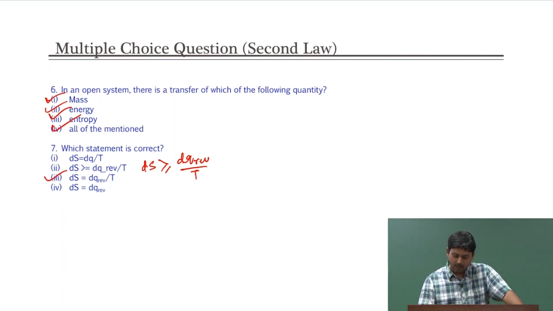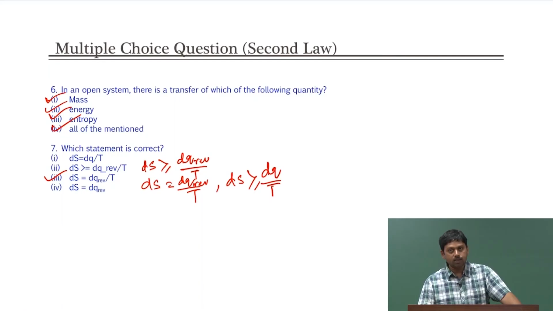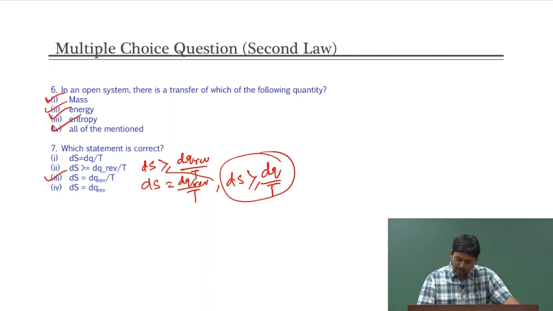This is the right one, ds equal to dq reversible by t, and we can also write that ds greater or equal to dq by t, which means that whenever it is reversible the equality sign holds, whenever it is irreversible then the greater than sign will hold. So, this is right and this is right, however, that is not right. So, therefore, third option is the right one.